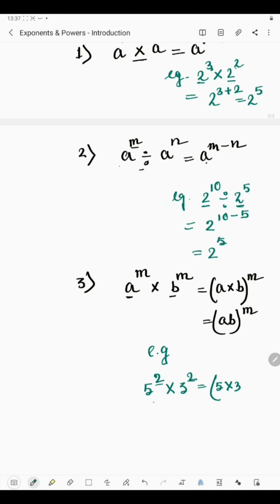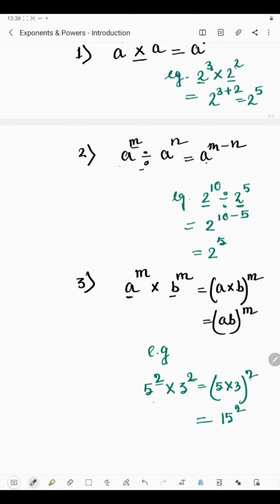And 2 is common here because power of 5 also is 2, 3 also is 2. So we'll close the bracket and we will write 2. So it shows that this 2 is the power of 5 as well as 3. Now 5 into 3 means 15 and power is 2, so it can be written as 15 is raised to the power 2.